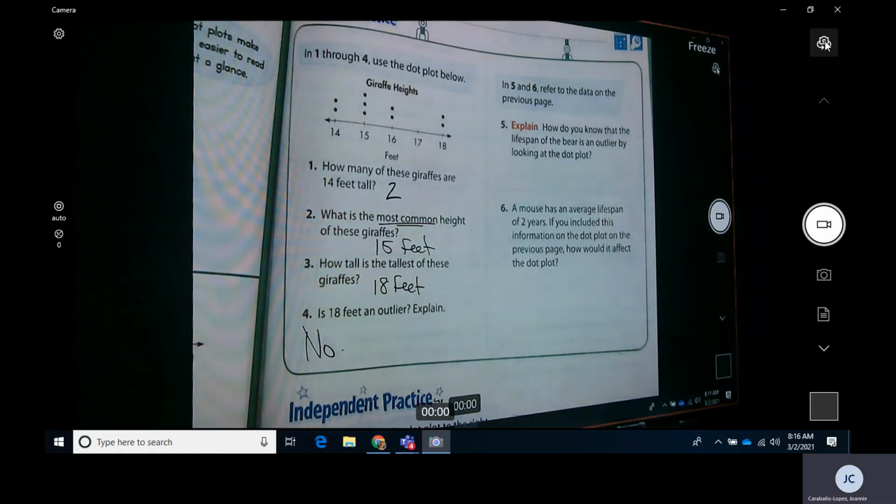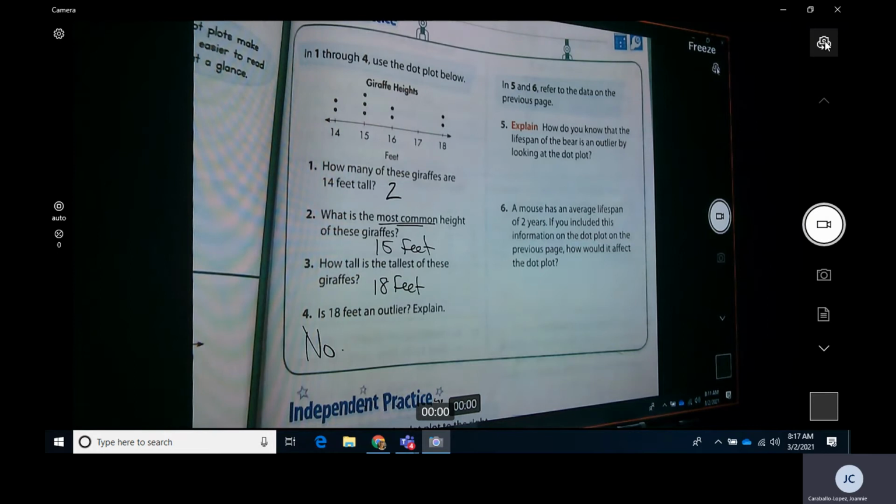Ok, so, ¿cómo sabemos que es extremo? Look at the dot plot. Do you see the dot plot on page 842? Todo el mundo ve el diagrama de puntos en la página 842. Ese punto rojo a la derecha, ¿está sumamente despegado de los otros puntos? Sí, ok.